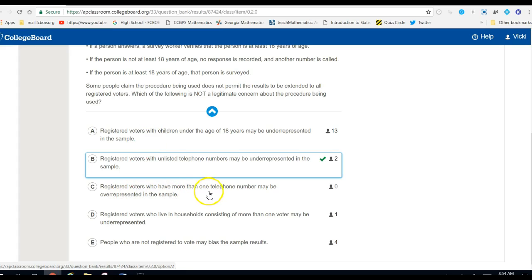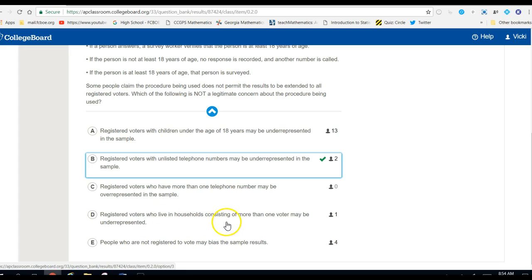C, registered voters who have more than one telephone number may be overrepresented in the sample. That is correct, because you could actually call the same household twice if there's more than one phone number, because all the numbers associated with a household could be randomly generated by their automation system. So that is a problem.